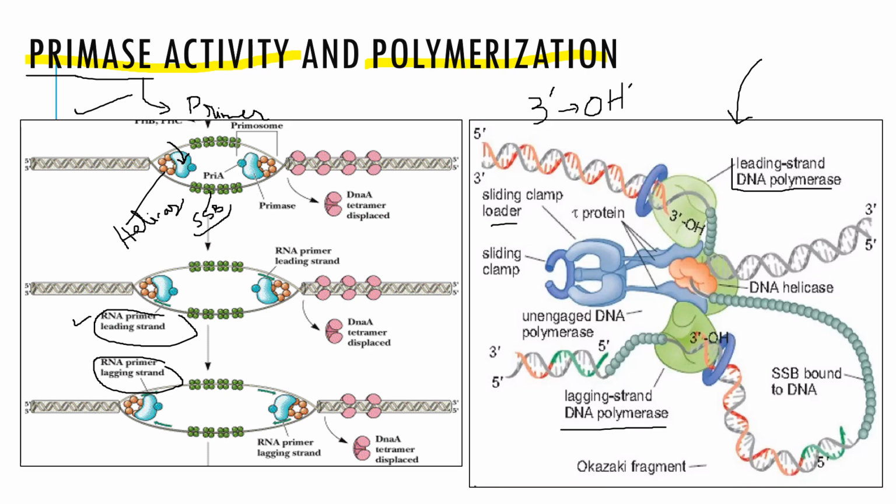On the lagging strand one or two DNA polymerases are working, and one DNA polymerase is working on the leading strand. As I told you in the last slide, for the leading strand only one DNA polymerase is enough, because the leading strand is a continuous strand. There is no breakage, there is no halt. So in that case only one DNA polymerase 3 is enough.